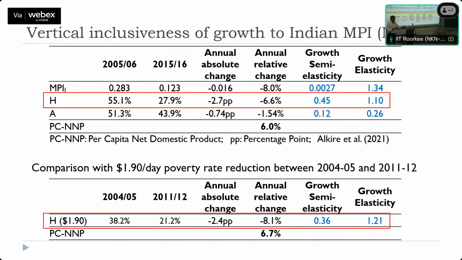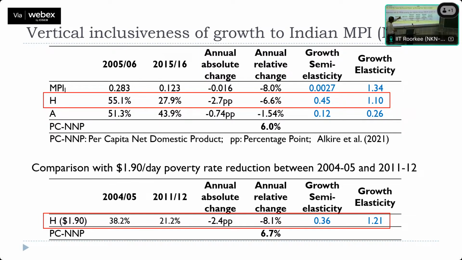MPI is an adjusted headcount ratio, so you have to compare like for like. Given that this one is the headcount ratio at $1.9 a day, you have to compare it with the MPI headcount ratio. You cannot compare the change in MPI with the income headcount ratio. You have to do like for like. We can only compare with the second row in the table above with the one below.